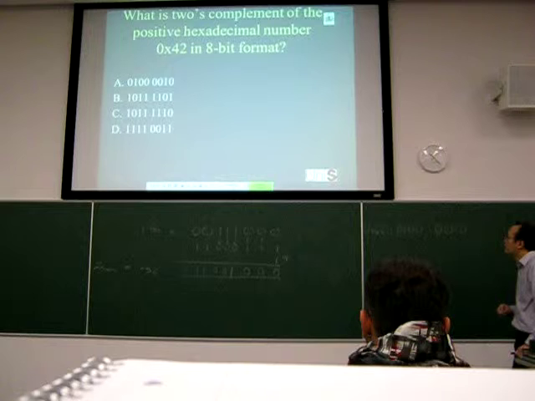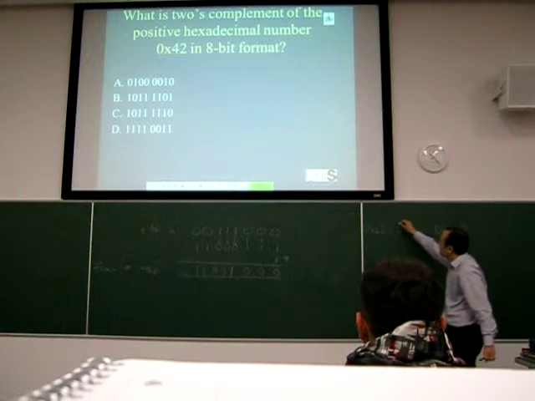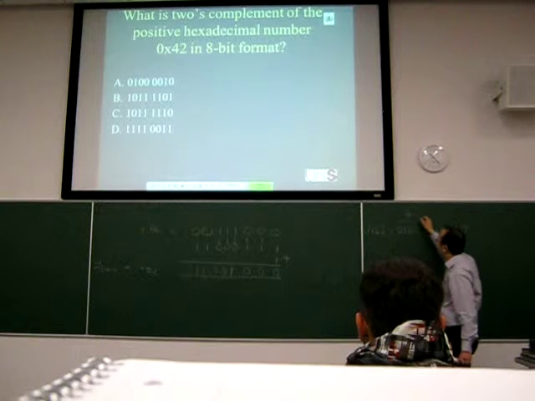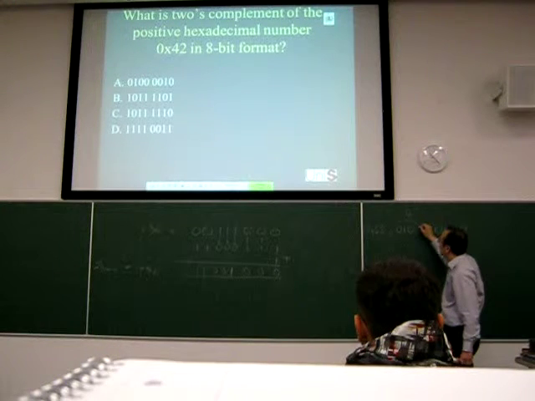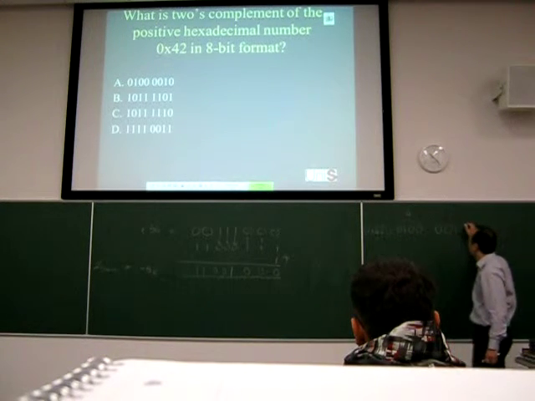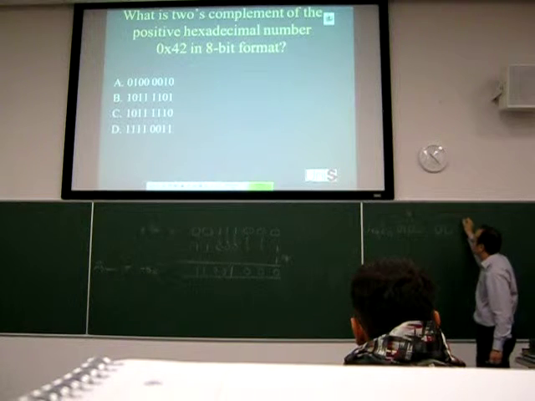Or did I make a mistake? So this one represents 4 because it's 1, 2, 4. And this one represents 2.